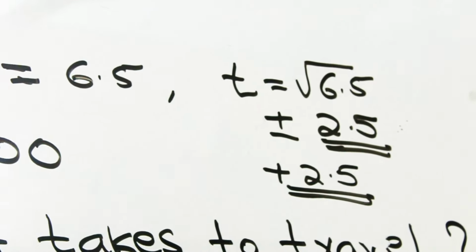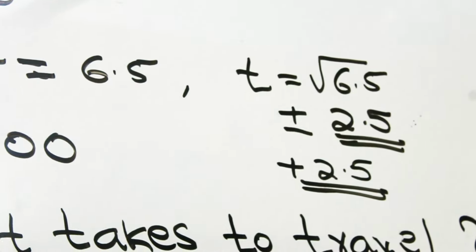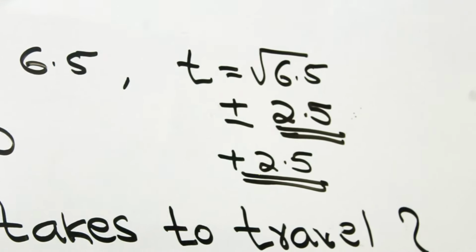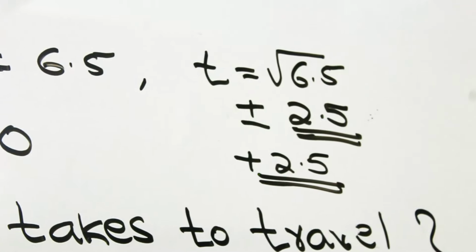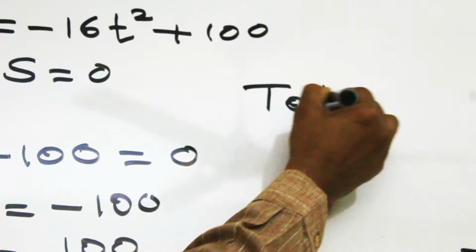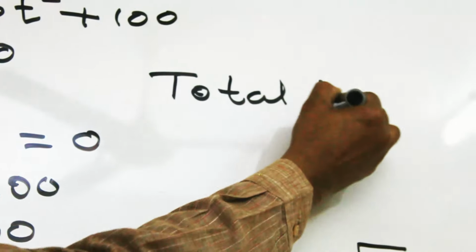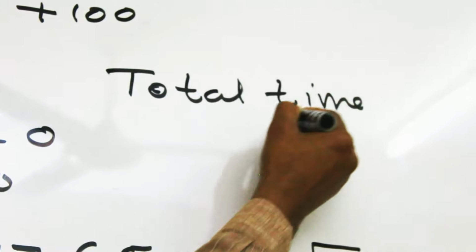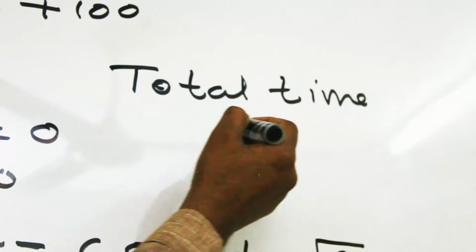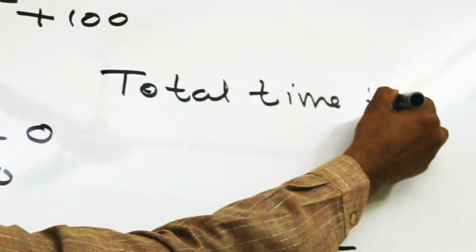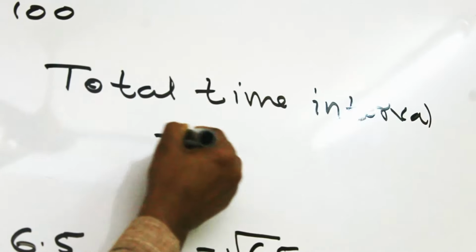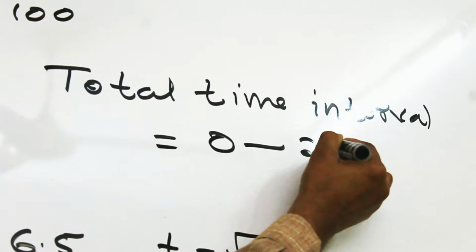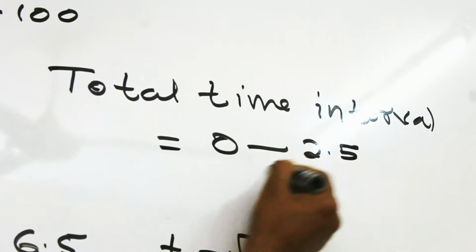The total time is 2.5 seconds, which means the starting time is 0 and the total time interval will be 0 to 2.5.